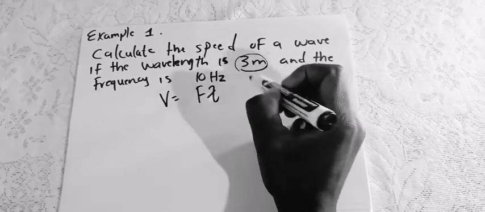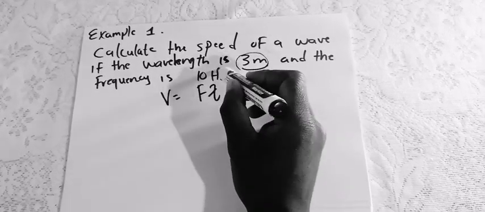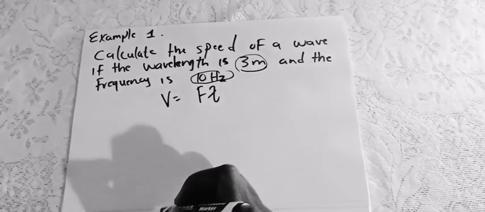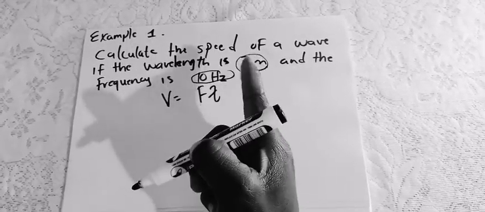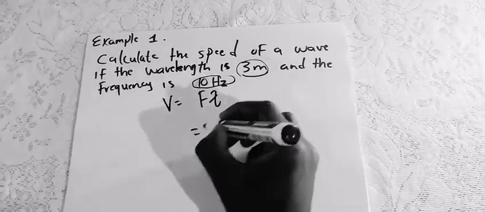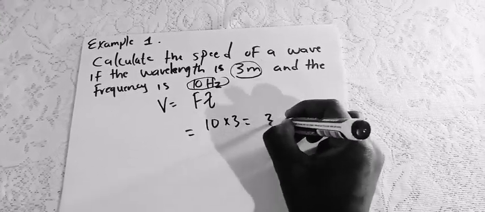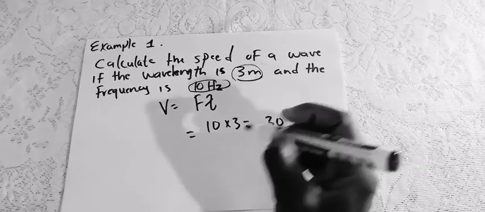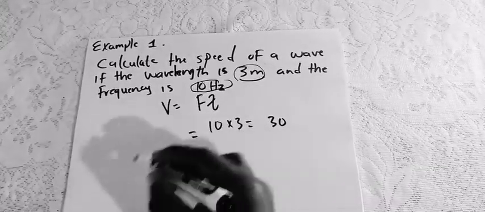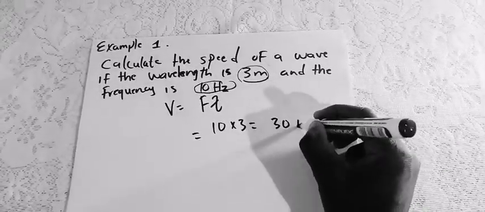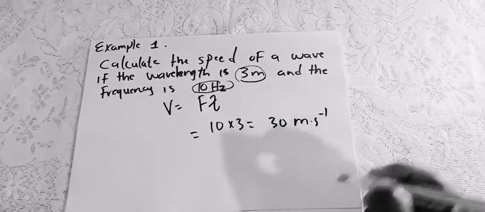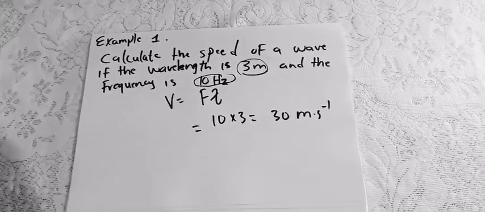We are happy here because the wavelength and the frequency are already in their SI units. You multiply the frequency with the wavelength, then you get 30. Now write the SI unit for speed, which is meters per second. So this is how you do it.